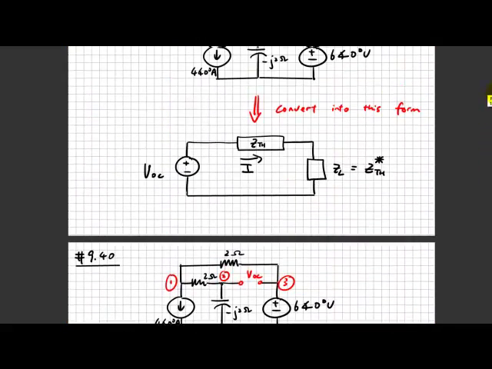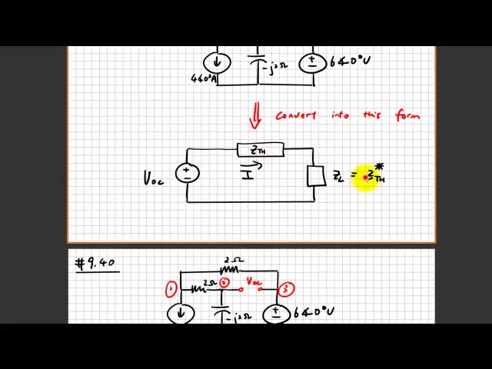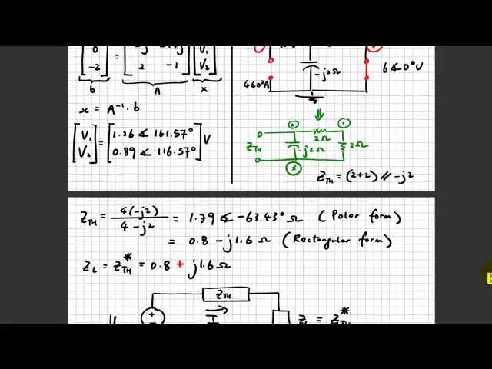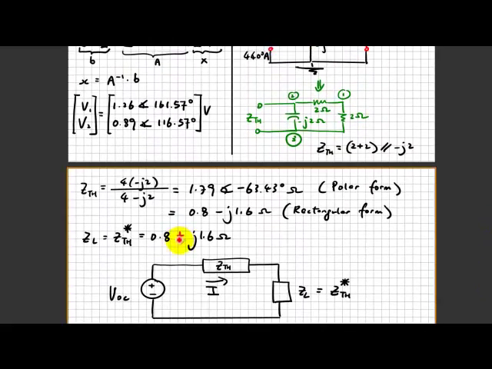The Z load is actually the Z Thevenin conjugate. So you only found one piece of information and you don't have to repeat the whole process. You can simply change the sign, which is highlighted in red. Instead of the minus sign, you have a positive sign for Z load.